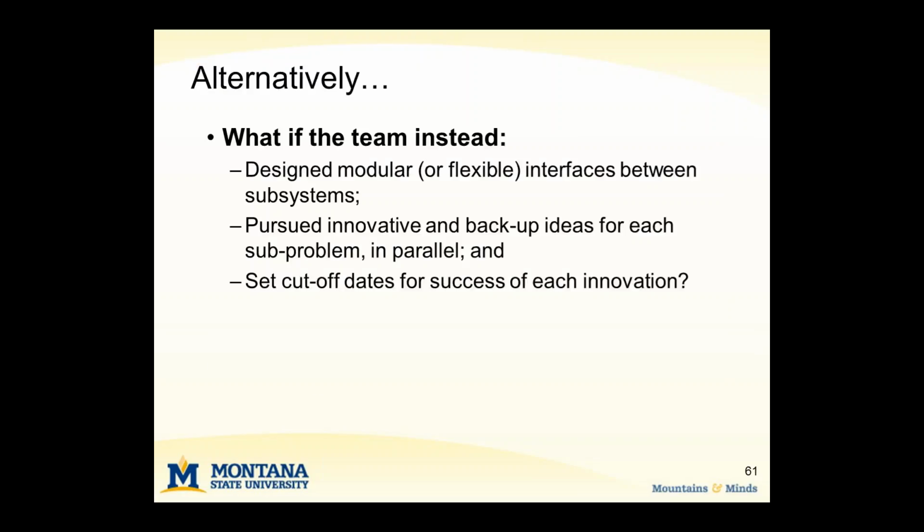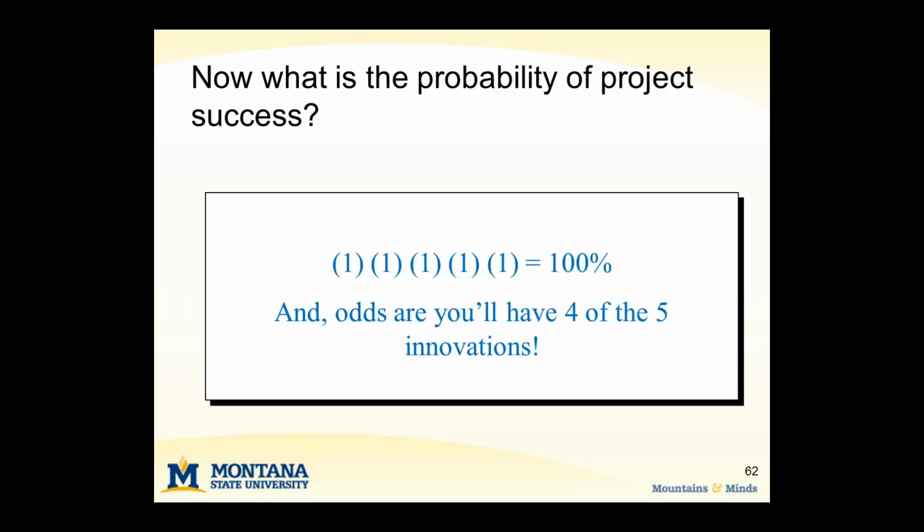So let's switch this around a little bit. Let's say that we pursue a backup alternative along with the innovative one. And we set a cutoff date that says, if the innovative idea hasn't panned out by such and such a date, we revert to the backup idea. What is your probability of success then? Well, it jumps up, right?